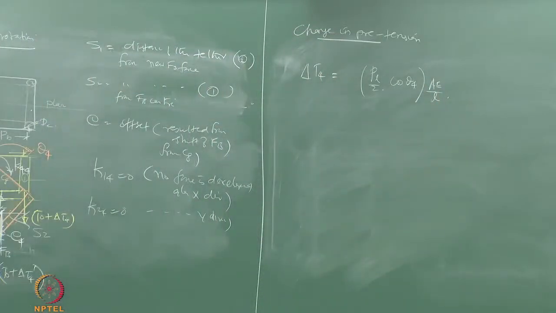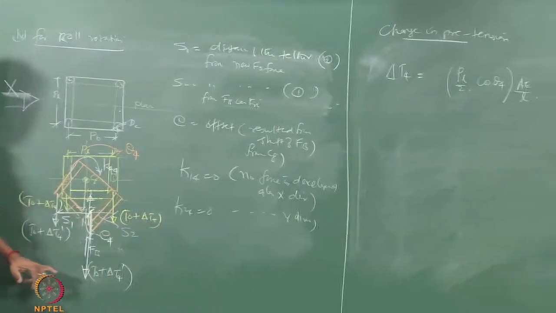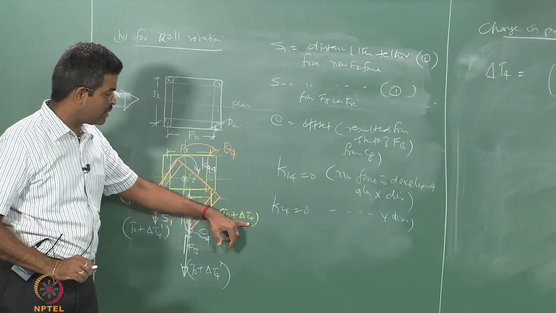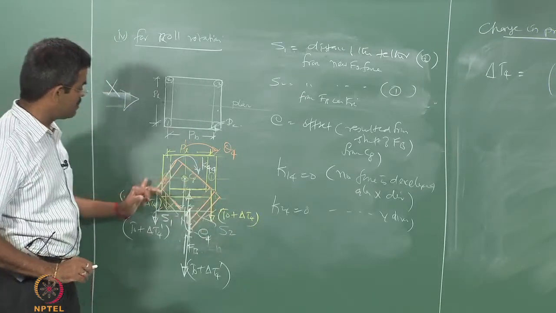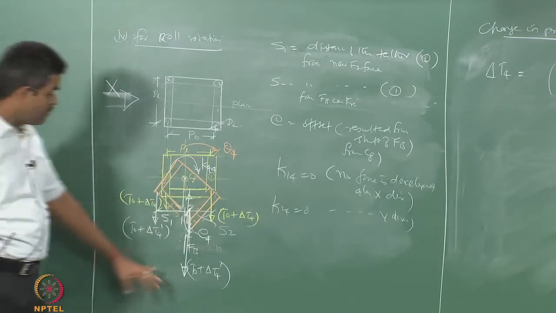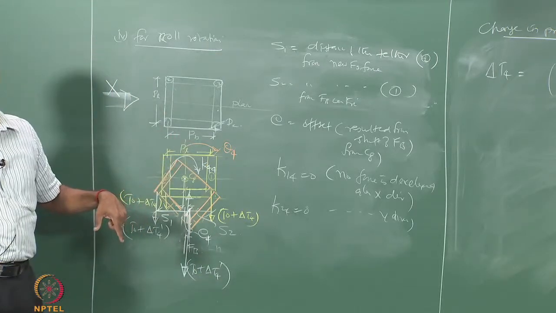Now one can ask me a question, what is the difference between delta T4 and delta T4 prime? Delta T4 is constant and equally gets involved in all the legs because of the roll moment. Delta T4 dash is only on those farthest ones.